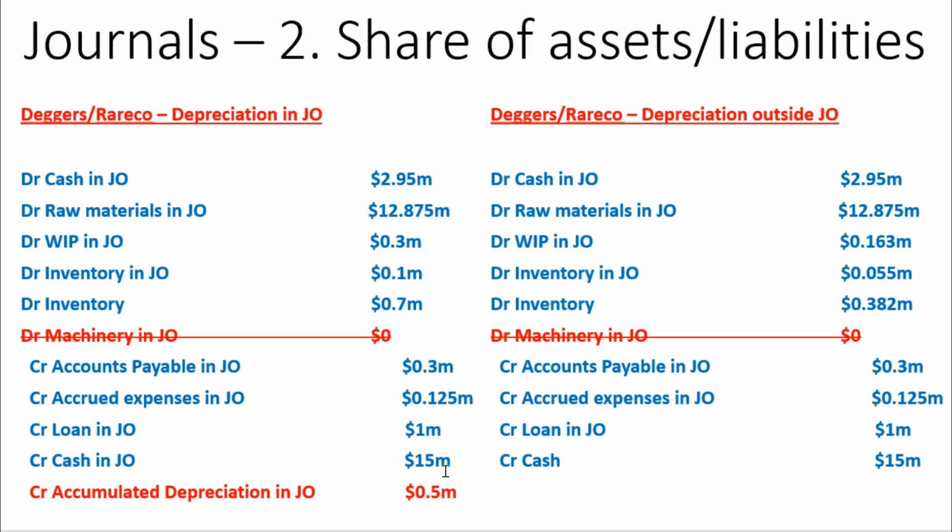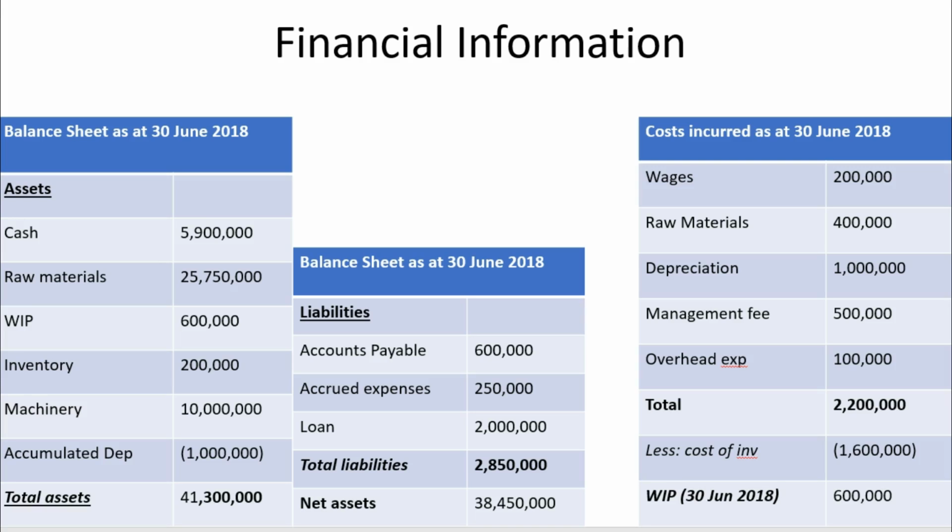in the joint operation. Now, if we go back to our balance sheet, we know that originally $30 million of cash was contributed to the joint operation. We can see at the end of the year, in our balance sheet, we only have $5.9 million cash left. So if I take $5.9 million away from $30 million, then we know that we've spent $24.1 million during the period.